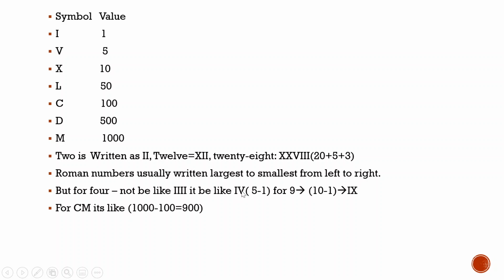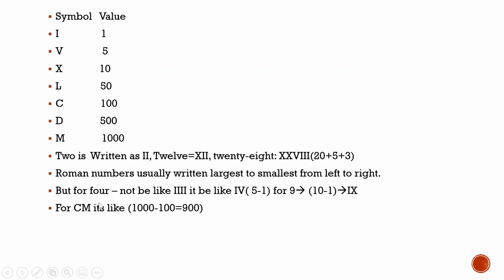The I should be the prefix of V, and then we need to subtract the 1 from the 5, which gives the value 4. Similarly, 9 is 10 minus 1. The symbol for 10 is X and the symbol for 1 is I, so X with prefix I. If we encounter this kind of string, we need to return the value 9.